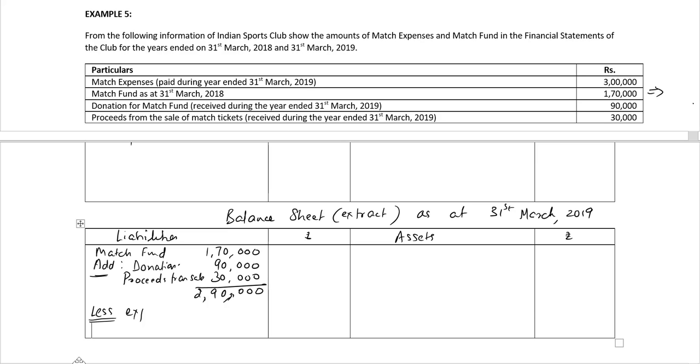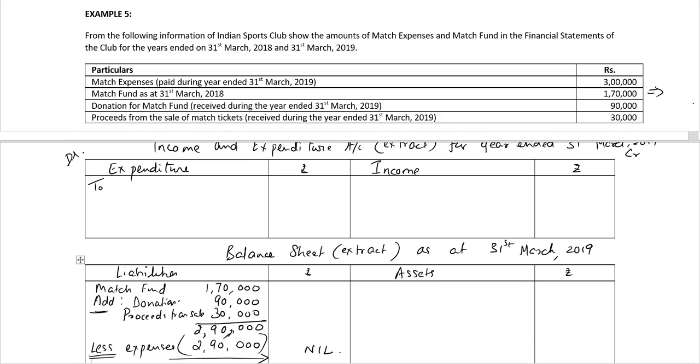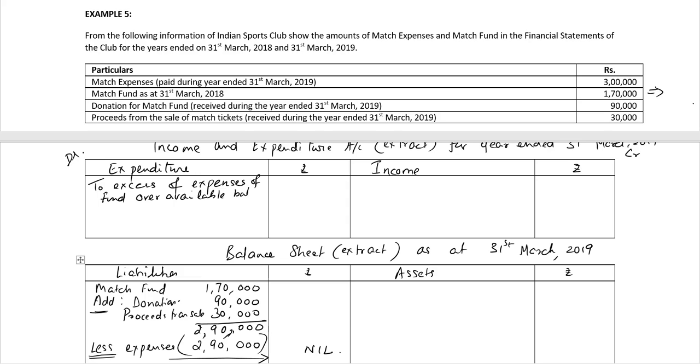So we'll deduct the expenses to the extent of 2,90,000 rupees, and the fund balance is nil in the balance sheet, and the excess of expenditure of fund over available balance, rupees 10,000, we will show in the expenditure side of the income and expenditure account.